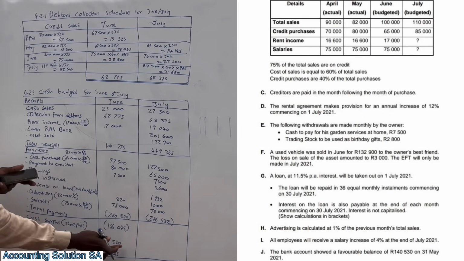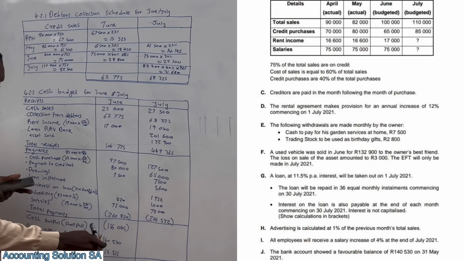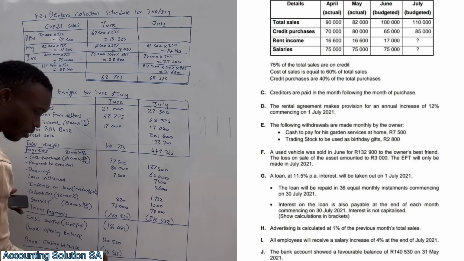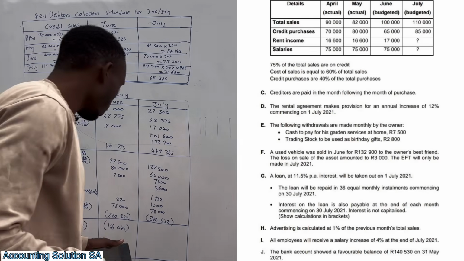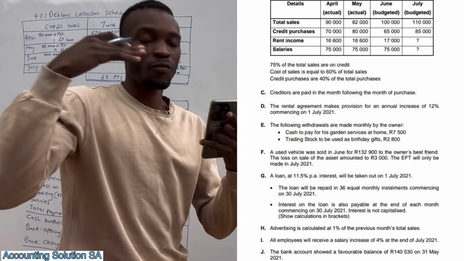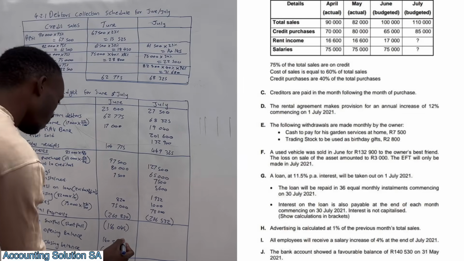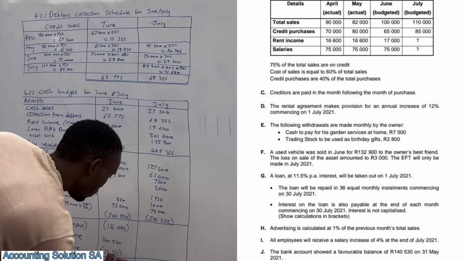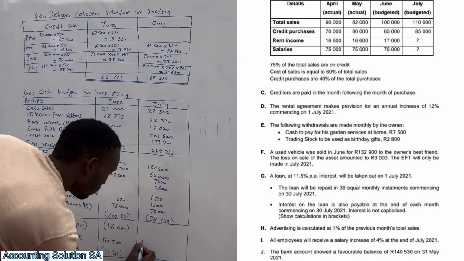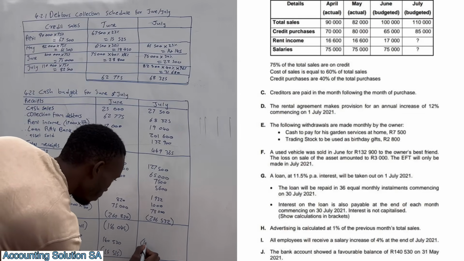Or you can start with positive minus negative. It's going to give you a negative amount, this one. So the closing balance of this month is the opening for next month. This one is going to be the opening balance for the following month. It's going to be negative 15,515.